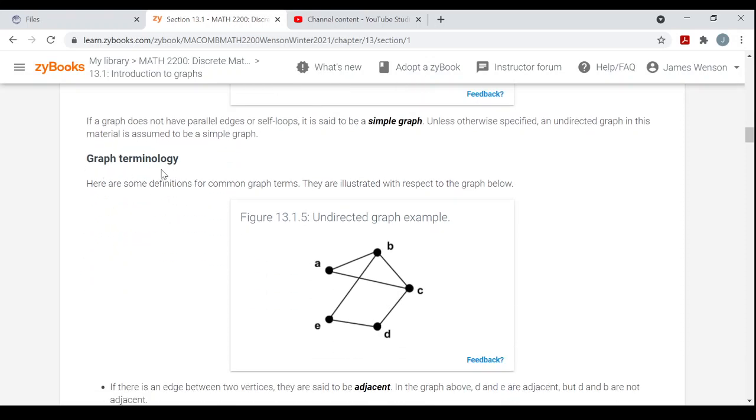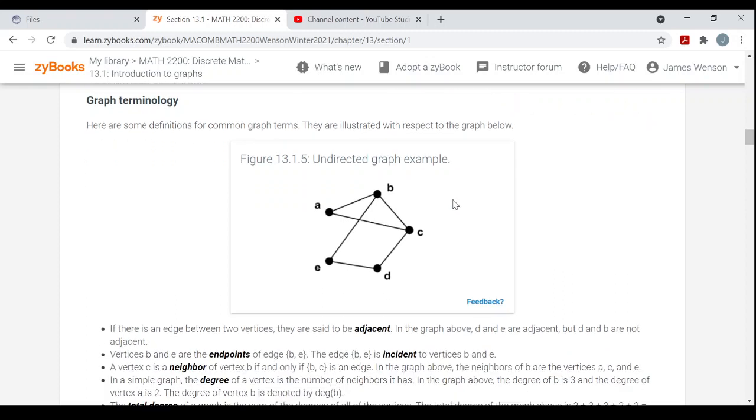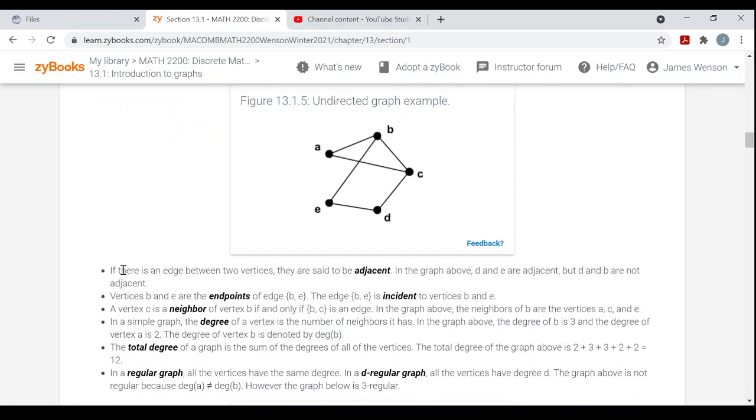All right, so some more graph terminology. Here are some definitions for some common graph terms, and they are illustrated with respect to this graph below. First definition. If there is an edge between two vertices, then those vertices are said to be adjacent.